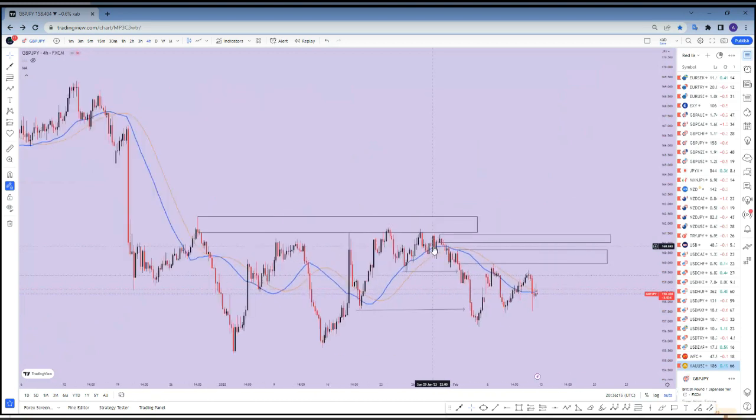For GBP, we're expecting some bearish market reaction. For JPY, we saw some possibility of bullish price action. I think this is on the 4 hour time frame.